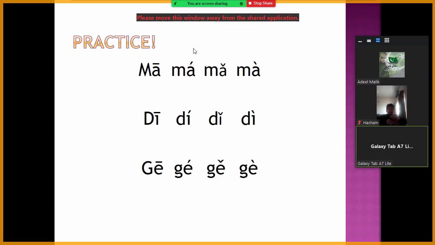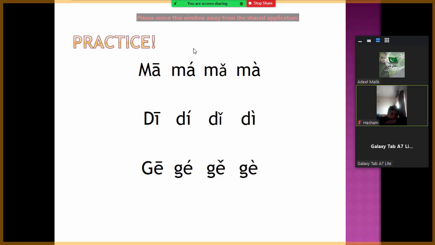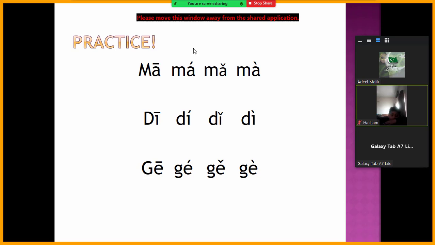Hasham, would you like to read the first line? Ma, ma, ma, ma. So here we will practice it, then it will be better, because the first tone is very flat, that is ma, the other is ma, the third is ma, the fourth is ma, right? So tones are very necessary. We will practice with the words.